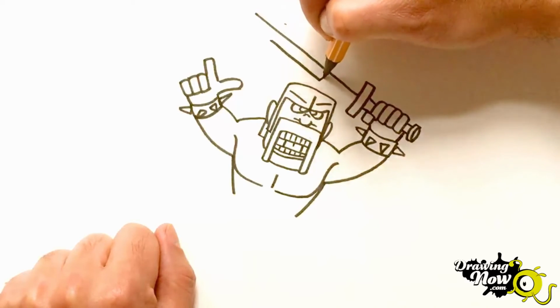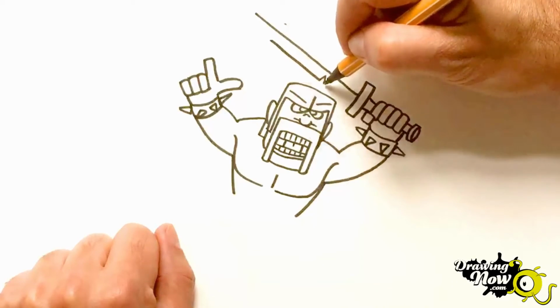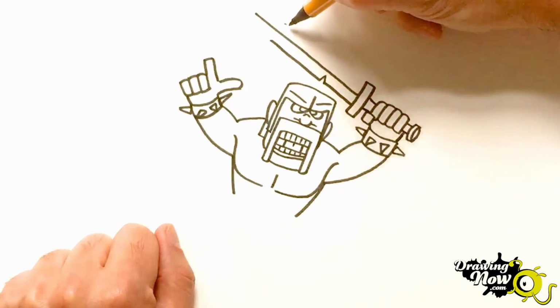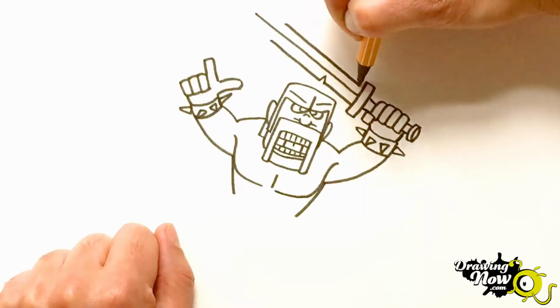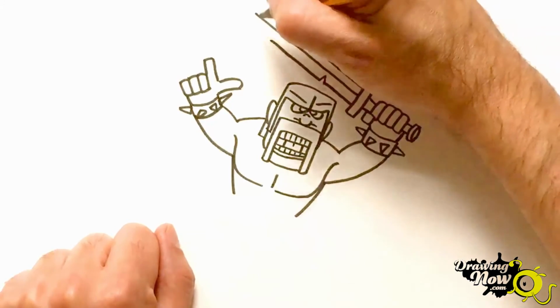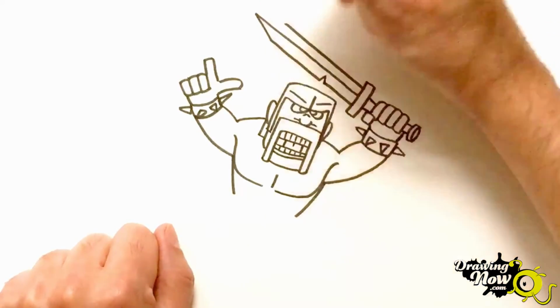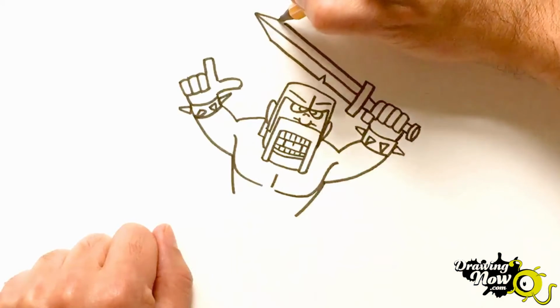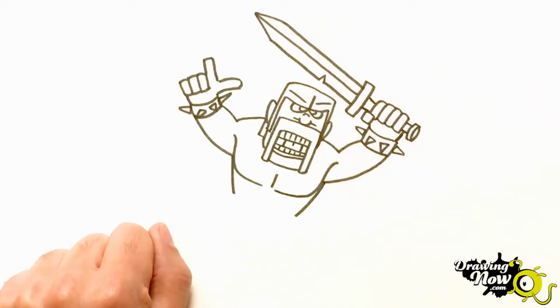Then you have a little dent up that allows you to breathe and to break your line in case you are not too straight, and you do the same thing down here. So your sword is pretty much finished, and now you just have to connect this point and that point. Here we go.